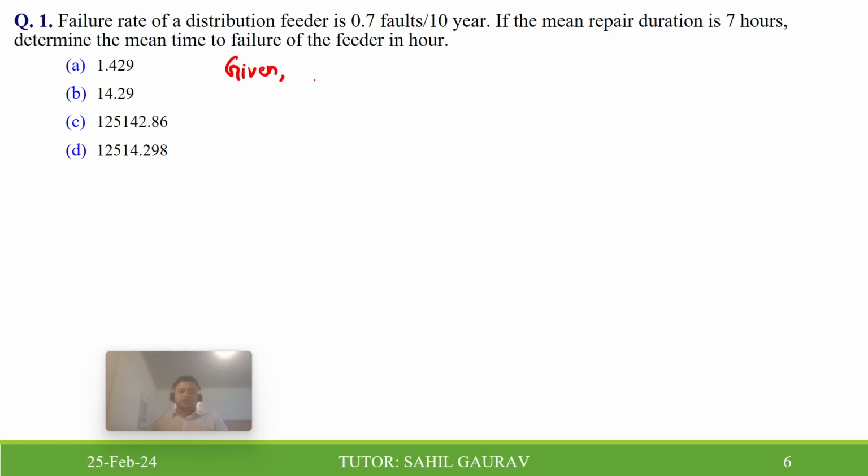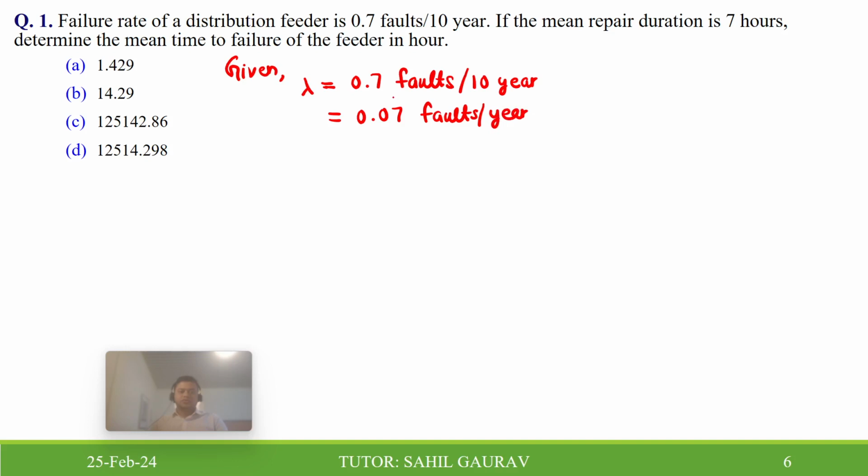So the given values are: failure rate, that is lambda, the mean failure rate, is given as 0.7 faults per 10 years. So in each year, how many faults will be there? 0.07 faults per year.